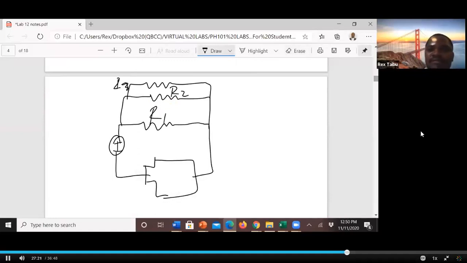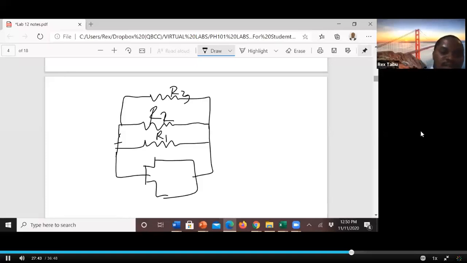So resistor 3 is up there. I don't know how to draw it. Okay, let's just do this. This will be 2, this will be 1, and this will be 3, and your current reading somewhere there.